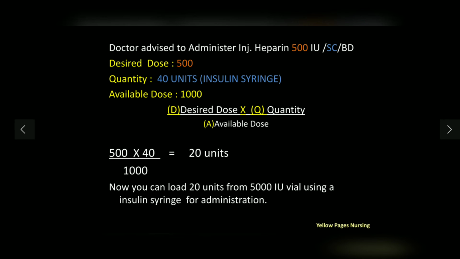Now the formula is 500 multiplied by 40 divided by 1000, and the answer will be 20 units. Now you can load 20 units from the 5,000 international units vial using an insulin syringe for administration.